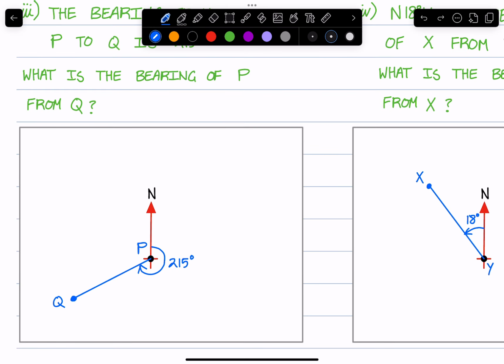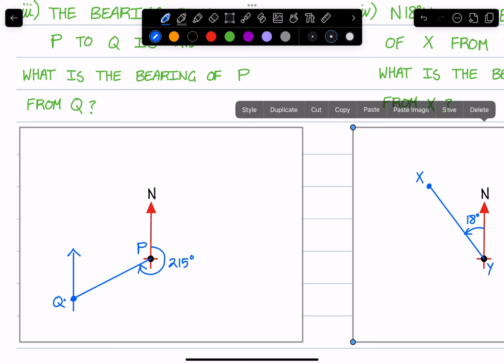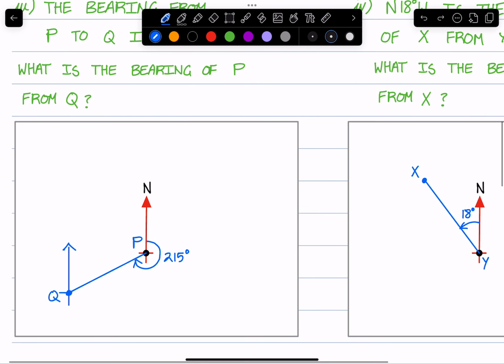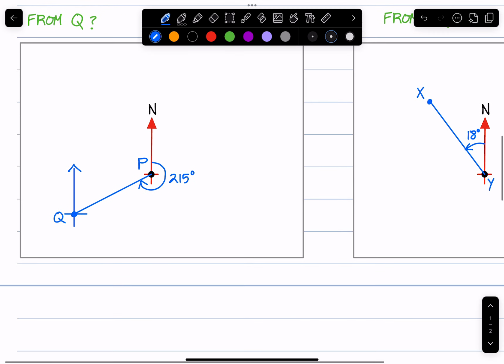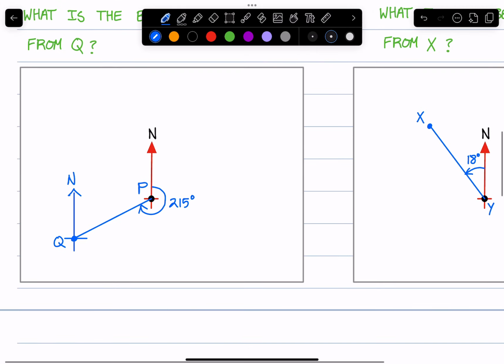And once again, wherever we see the word from, we draw a compass on top of that point. So there is north. And from here, we complete a 90-degree triangle. Last time I completed it this way, but we can also complete the triangle going this way.